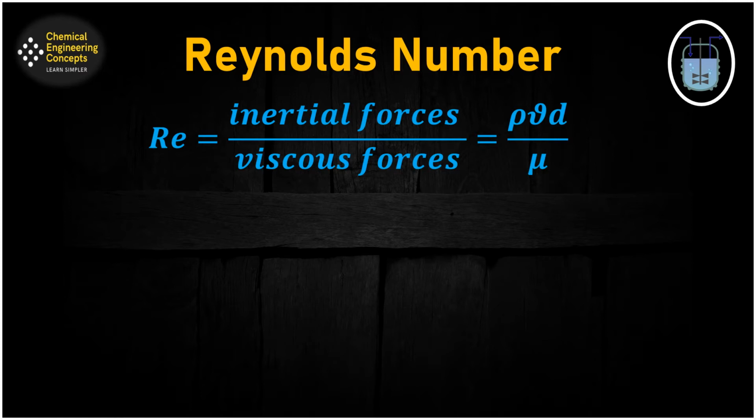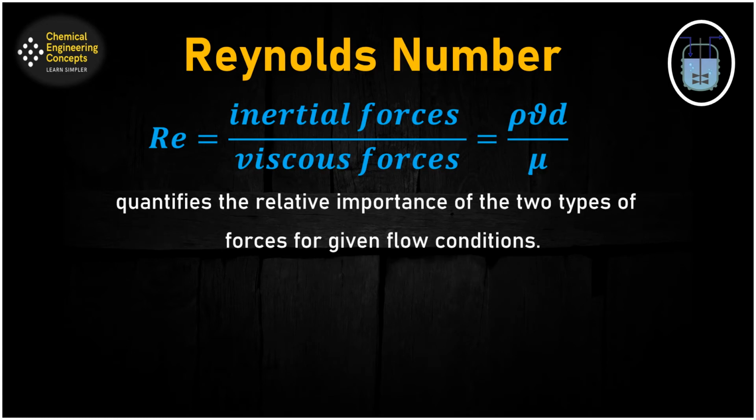So it is density multiplied by velocity multiplied by the diameter of the pipe from which the fluid is moving, divided by the fluid's viscosity, right? So it actually quantifies the relative importance of the two types of forces.